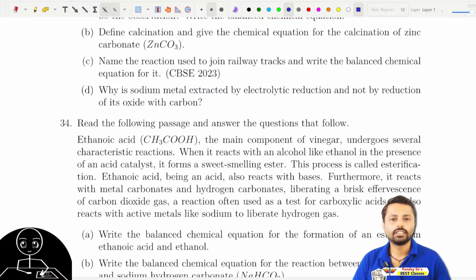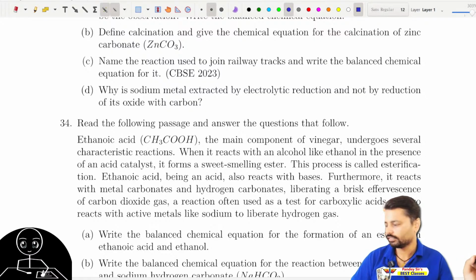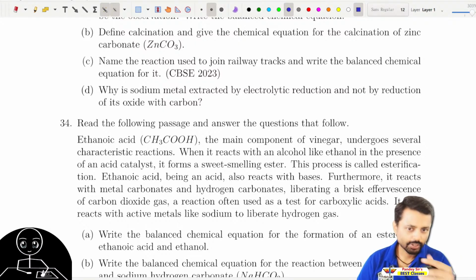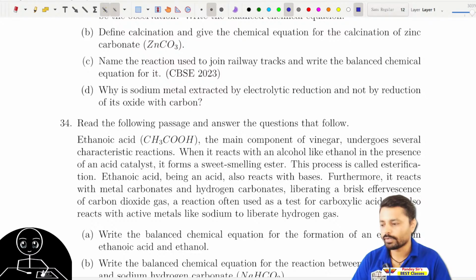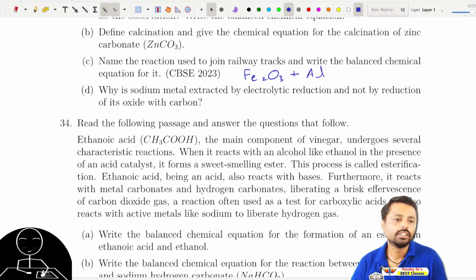I'll give you a few seconds. Time's done. I'm writing the correct answer. Thermite reaction: Fe2O3 plus Al gives you Al2O3.